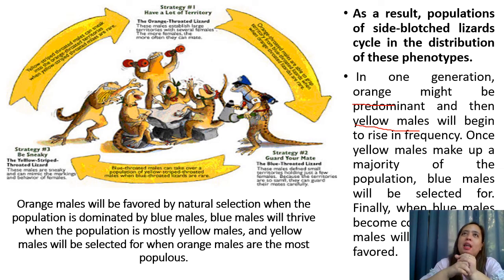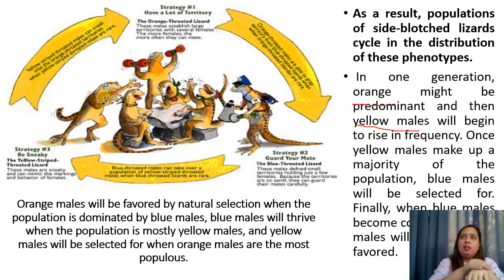To the point that they're more focused on fighting with each other, that the small yellow one now can sneak copulation with their females. So, the next time, dahil away ng away, direct competition, si orange sa orange, isa't isa, nakakasneak ngayon, nagkakaroon siya ng naiitlogan siya ng mga yellow lizards now.